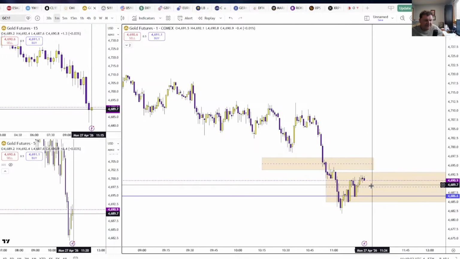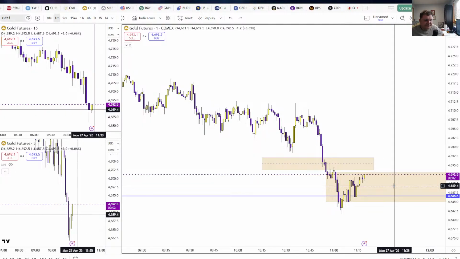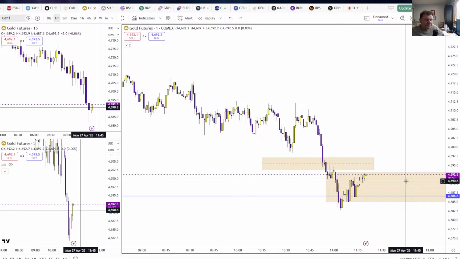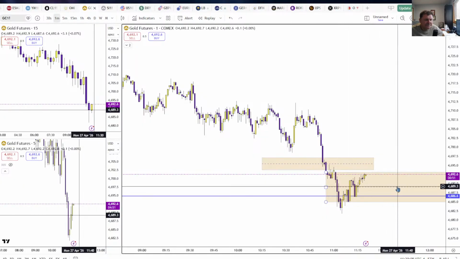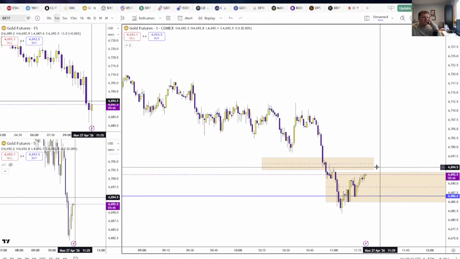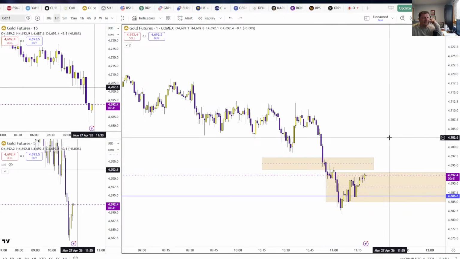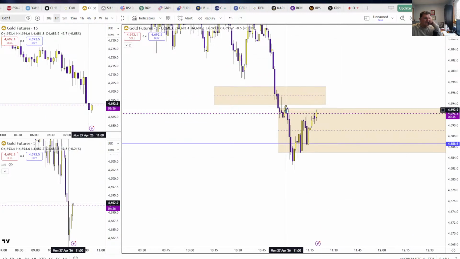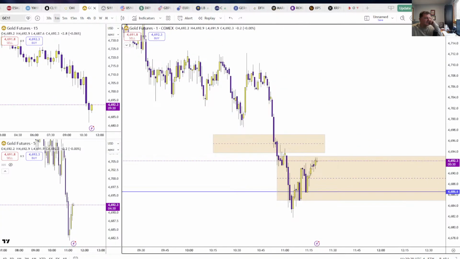Now come right back into this consequent encroachment here. It'd be nice. It's another tag off the top of that high. Just watch to see if this gives way now. Then I'm looking for a deeper run inside this range here, because this will be 50%.